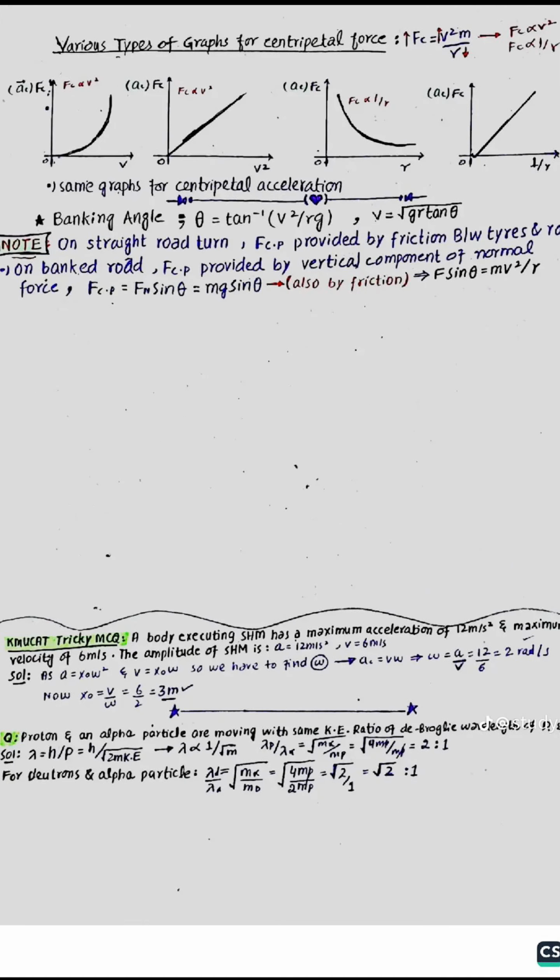After that, we will study the various graphs for centripetal force. You know, centripetal force is a force that compels a body to move toward the center, or we can say a center-seeking force, where the direction of acceleration is always toward the center. Here are some graphs related to the various types of centripetal force.